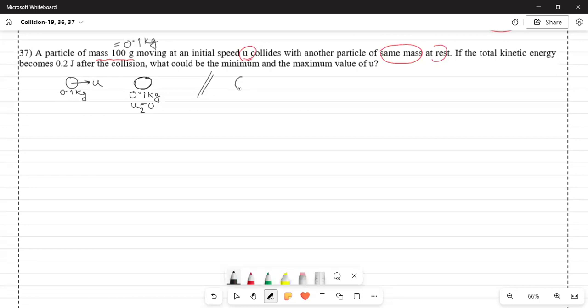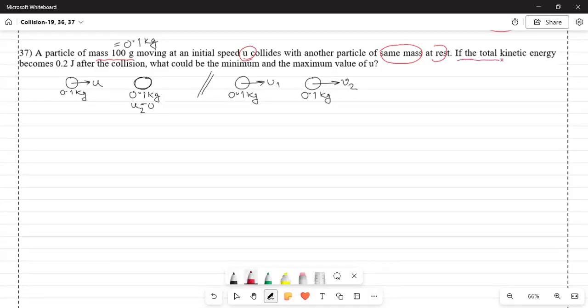After collision velocities, we do not know. This is 0.1 kg. The velocity, say, is v1, and there is another mass of 0.1. The problem says something different.